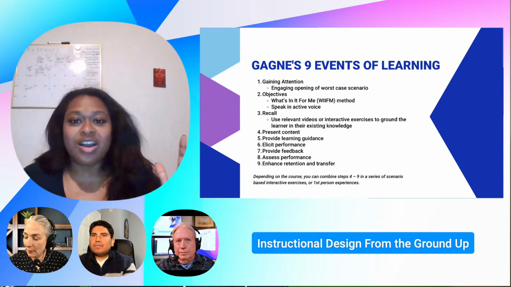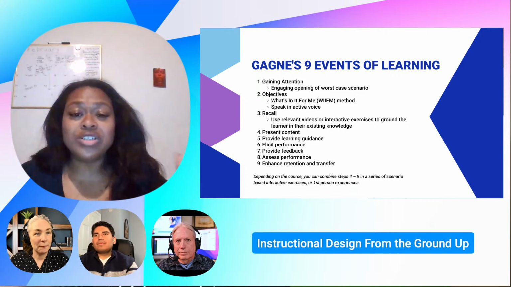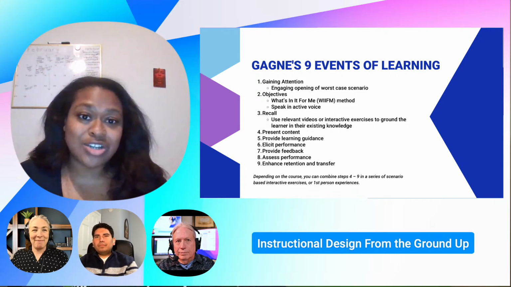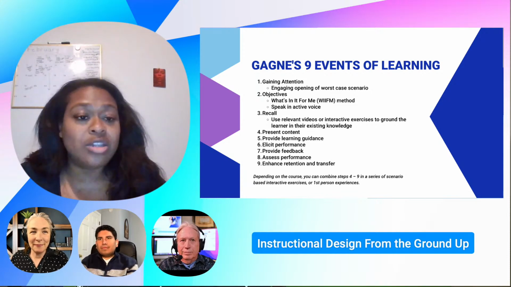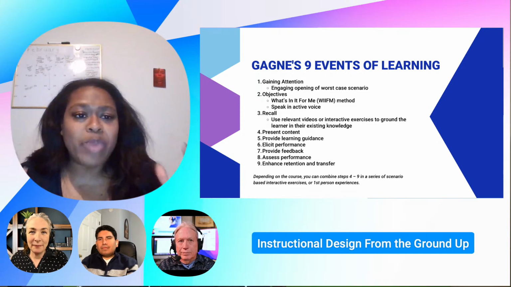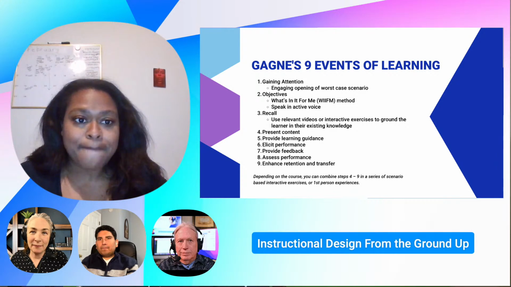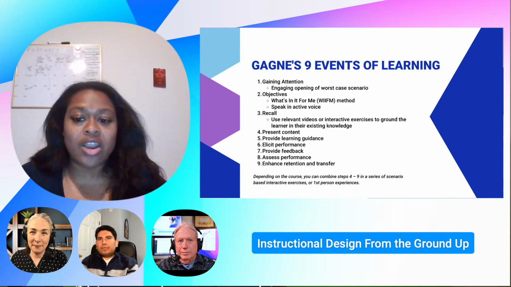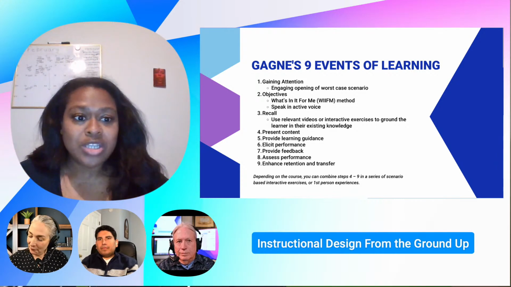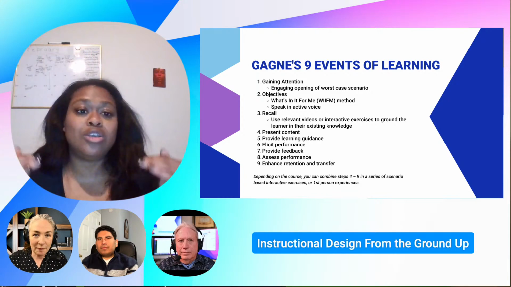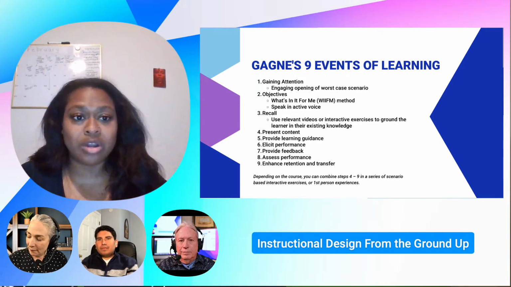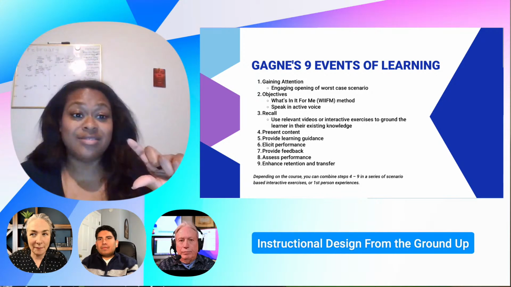So we all know about Gagne's 9 events, right? The first thing you want to do is gain the attention of your audience. And what I appreciate doing with e-learning courses, especially if it's asynchronous, is basing it around a scenario and looking specifically at a worst case scenario. So if you take your objectives of this is the behavior or the degree or the condition that you want to see from your learners, and you flip it.